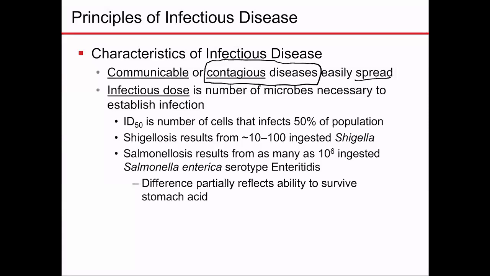Another important factor in infectious diseases is the infectious dose. I'm showing you that when we compare two different microorganisms, two bacteria that target the gastrointestinal tract. Shigella species can cause shigellosis, and then salmonellosis is a disease produced by Salmonella enterica.